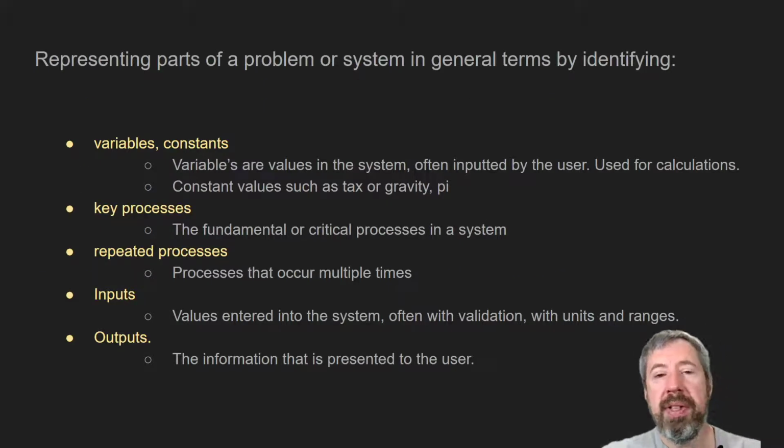Once you've done that and you've had a good look at all the parts in the problem, you're going to try and represent it with variables. So variables are used in programming to store information. They can be numbers, they can be text, they can be Boolean values, and you could use these for calculations.